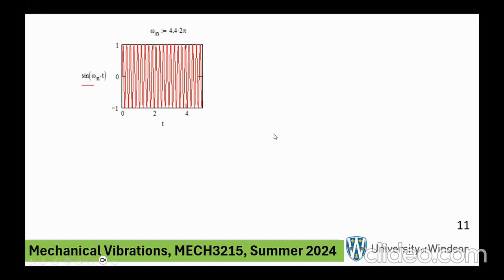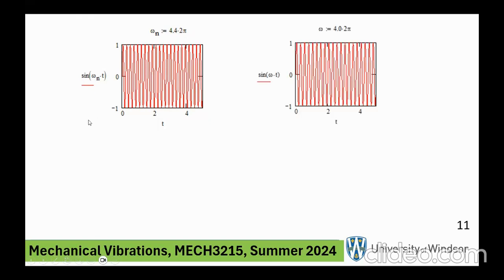So here's an example. I have plotted the graph of cosine with this frequency, 4.4 hertz. This is the plot of sine with 4.4 hertz. Omega n in hertz is 4.4. That's why I multiplied by 2 pi here. This is omega, which is a little bit different. So instead of 4.4, this is 4 hertz.